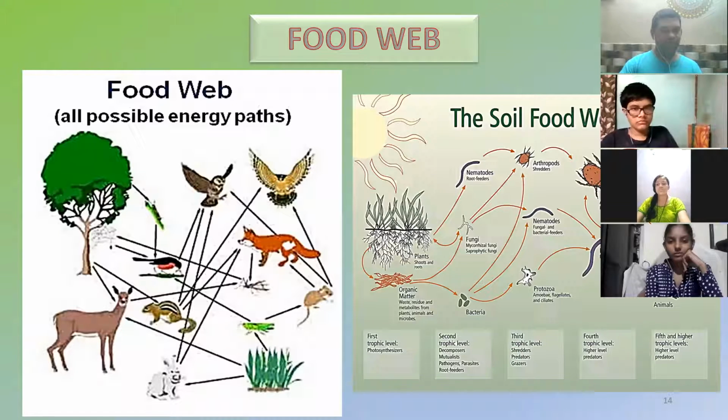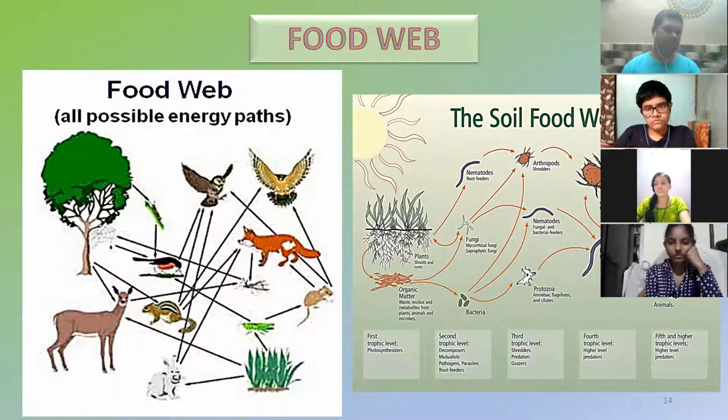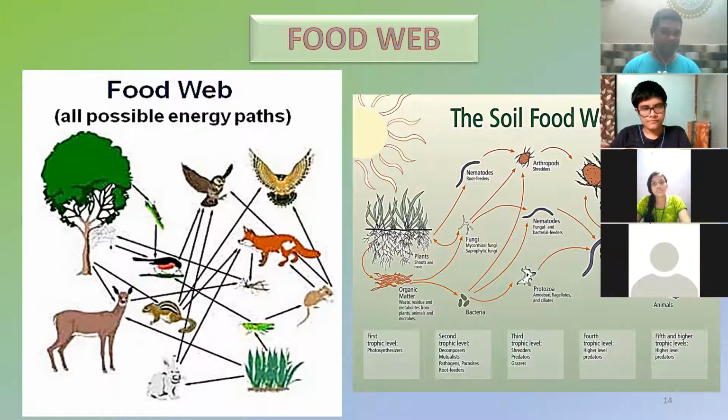So they are also forming completely interlinked food chains. That is also a food web. You will find food chains as well as food webs in any ecosystem, and they continuously keep operating. The food chain and food web don't stop, and that keeps the environment going.